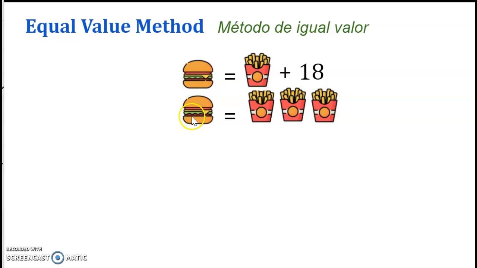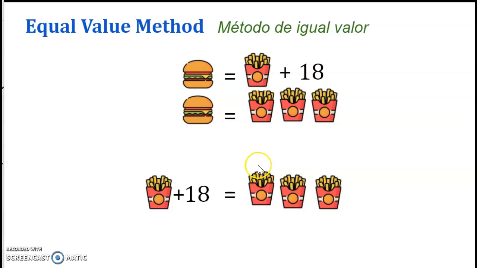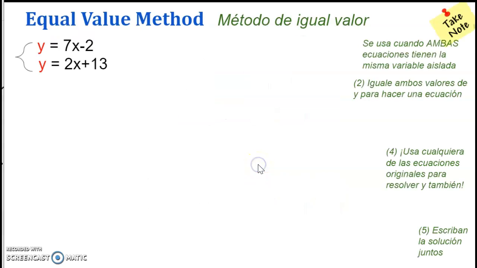Since we're talking about the same juicy burger, this is equal to juicy burger, but this is also equal to juicy burger. They are equal to the same thing, so we can combine those 2 equations together and say that fries plus 18 is equal to 3 fries. And then from there we can solve. So that is the equal value method.